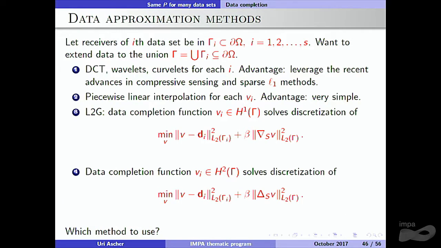For each i I have a gamma_i where the data is measured, and I want to look at the union of the gamma_i. So I want to interpolate or somehow approximate along the boundary, where the data is measured. That's the data completion. And I have a great bonus if I succeed to do that correctly.